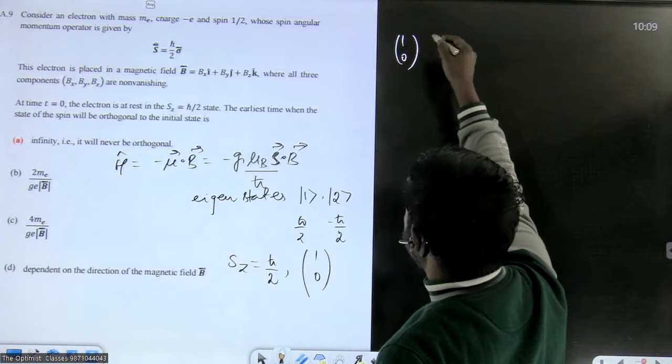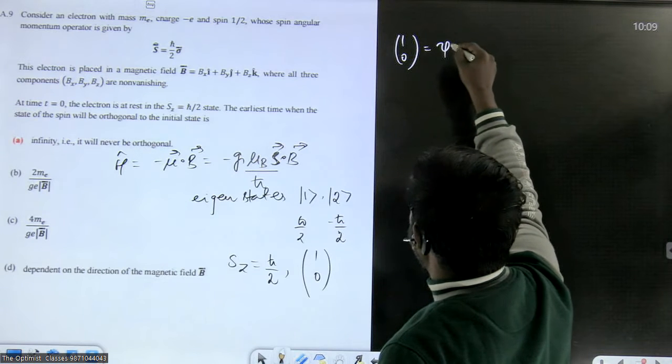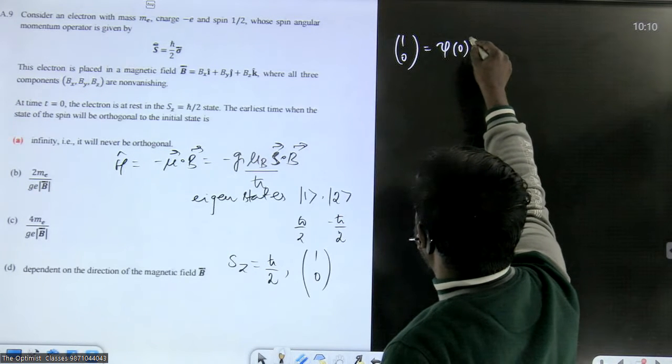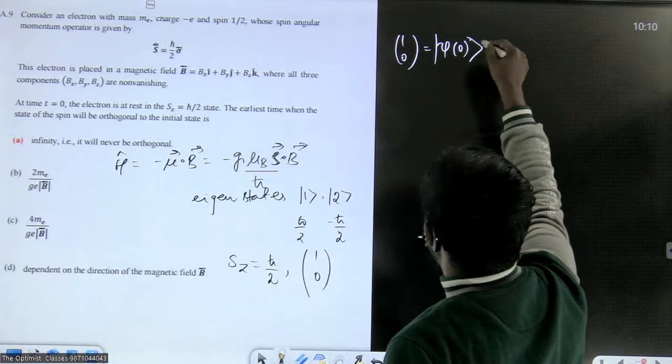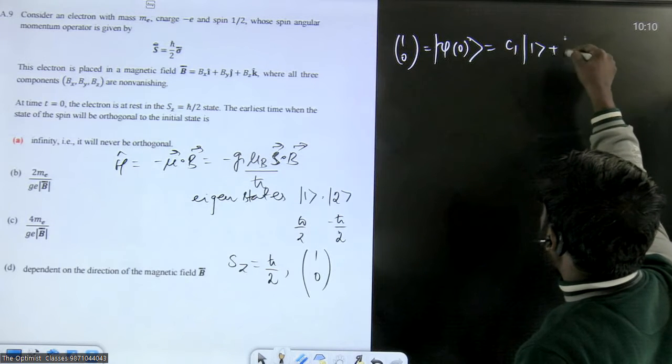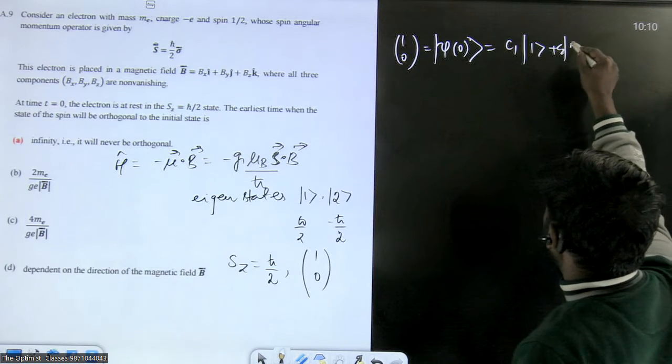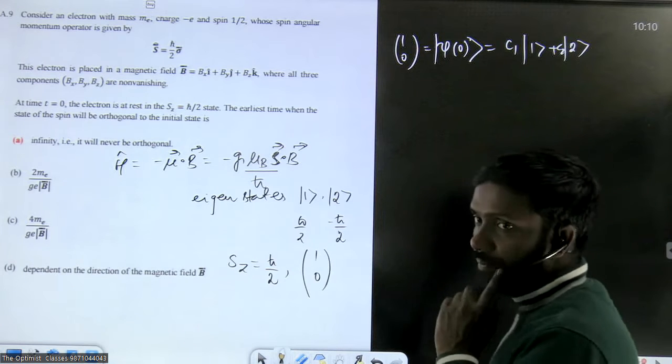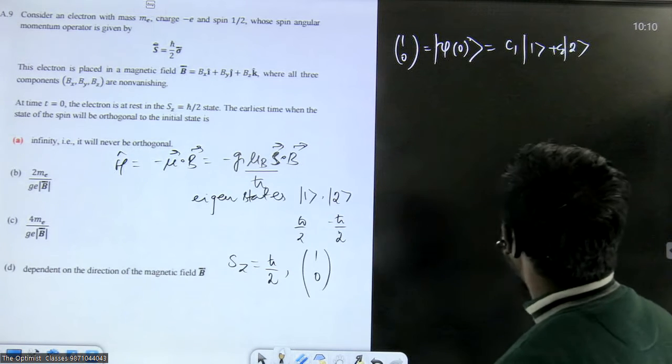This is the initial state. We can write it as ket 0. This can be written as C1 ket 1 plus C2 ket 2.